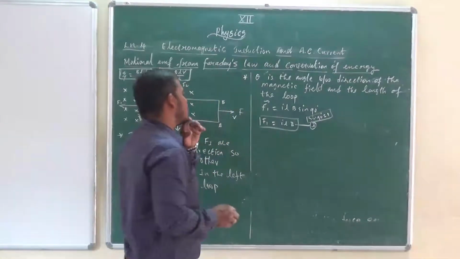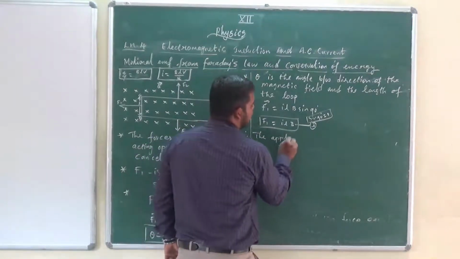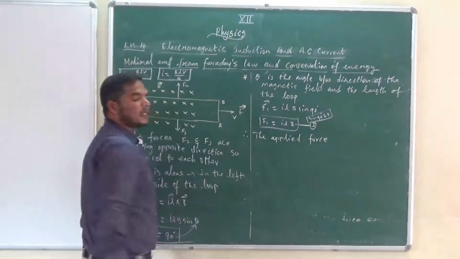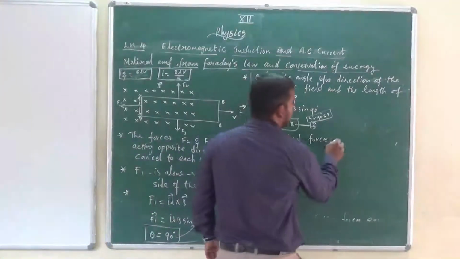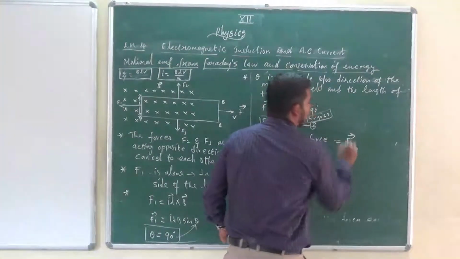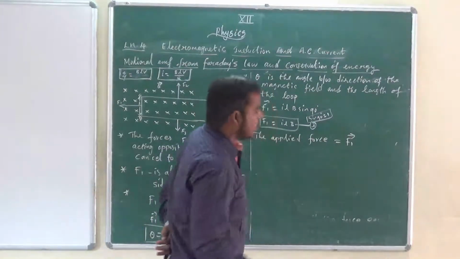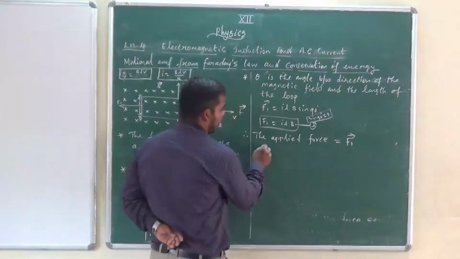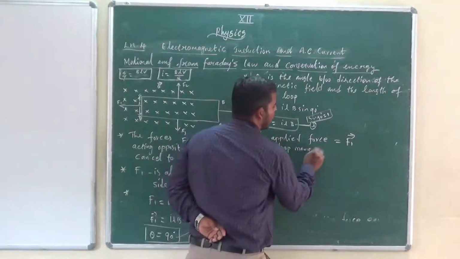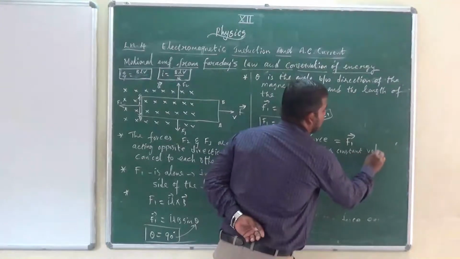So the applied force F vector must be equal to the force F1 vector when the loop moves with constant velocity.